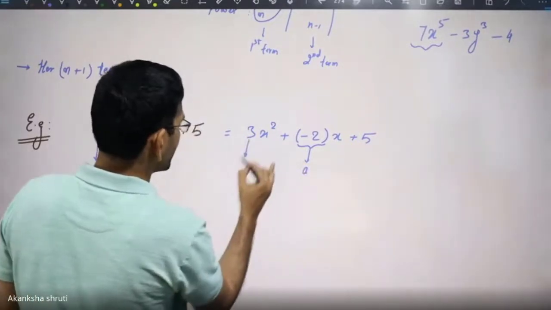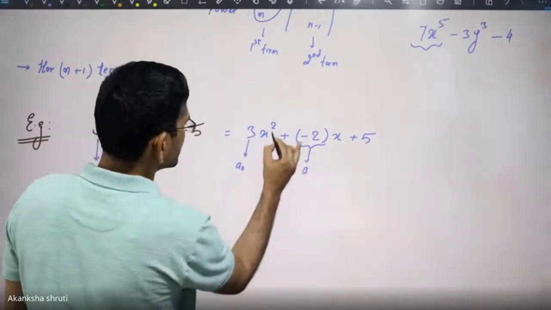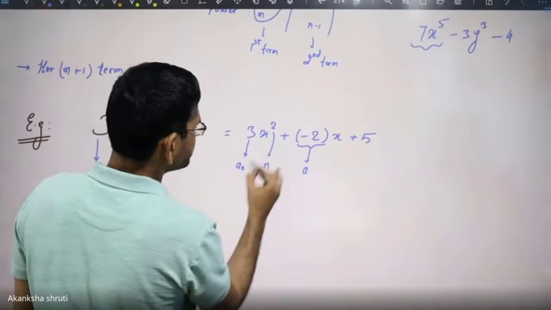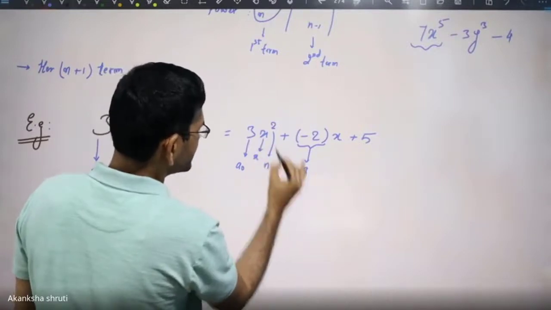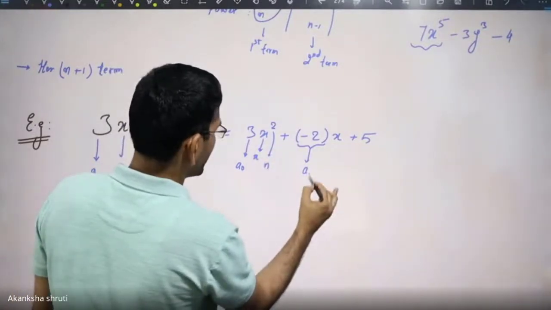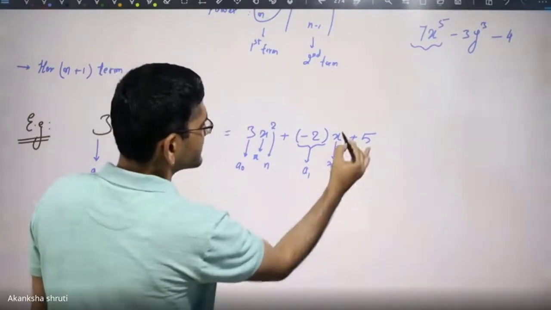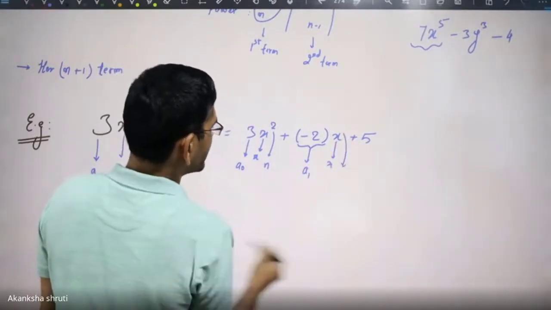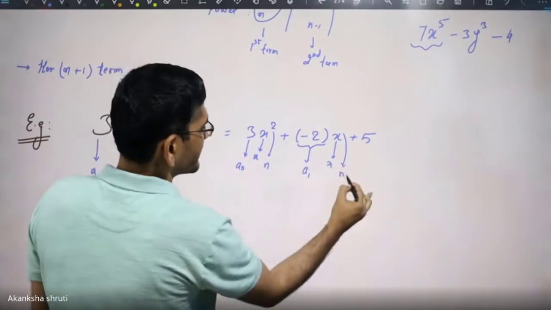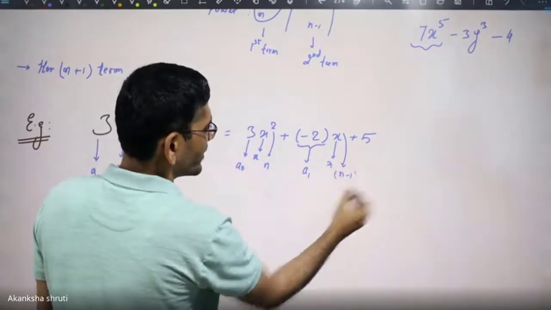This was our a0, this was our n, the x as it is. So this is our a1. This is the same x. And what is the power? So it is like our n minus 1.